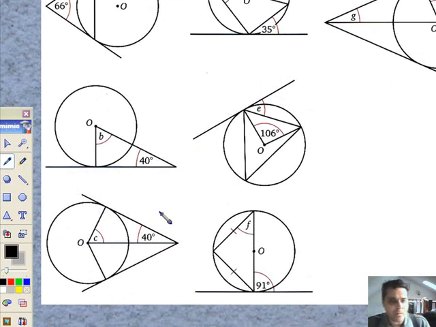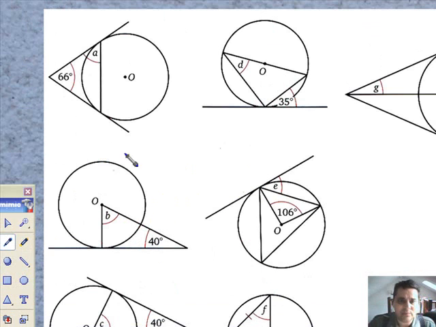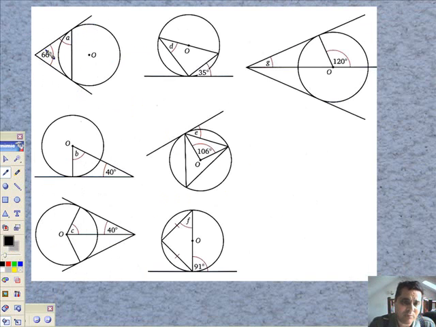Alright, so here we go. Let's work out some angles now. Now here's a rule. We've got two tangents meeting outside of the circle, coming to a common point and forming an angle. Well, if they do that, then we have formed an isosceles triangle.